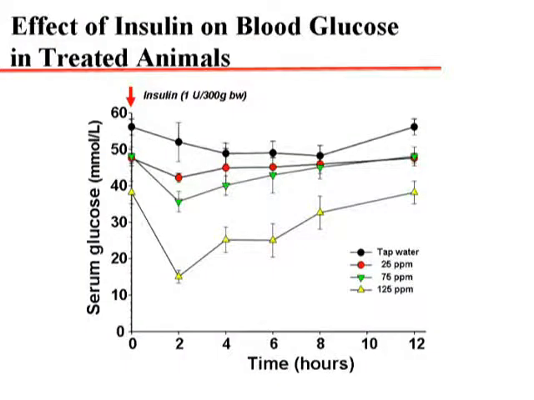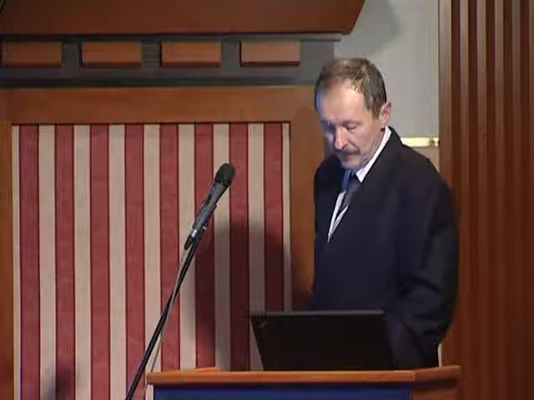As you see here, those animals that were treated, this is 125, 135, the insulin affected the blood glucose level more efficiently, so the change is much higher, compared to the tap water or the less DDW-containing tap water. So what can be the cause?